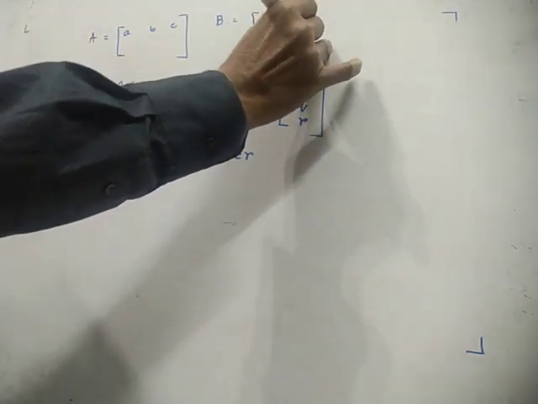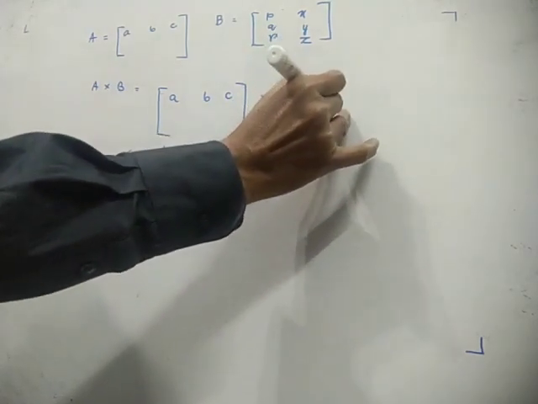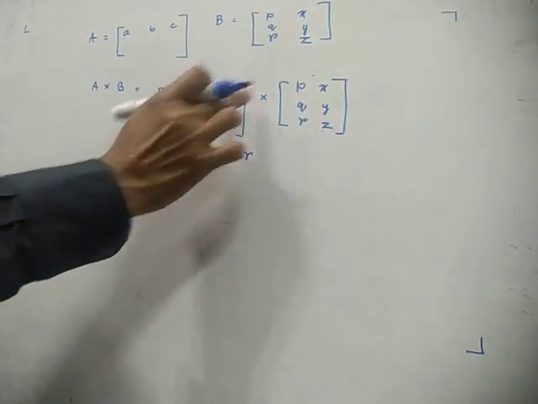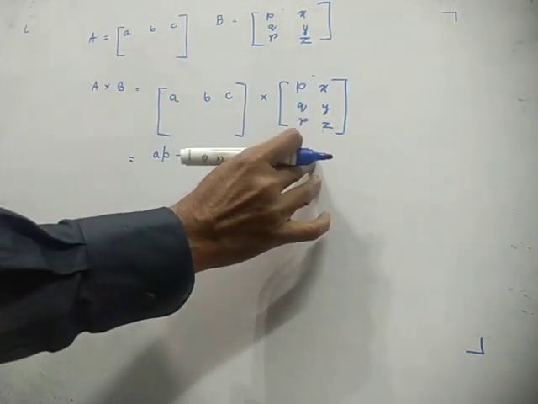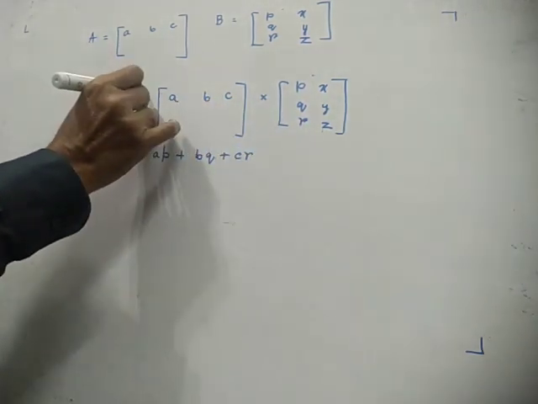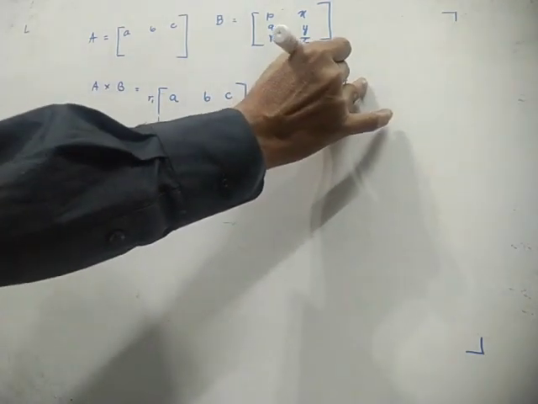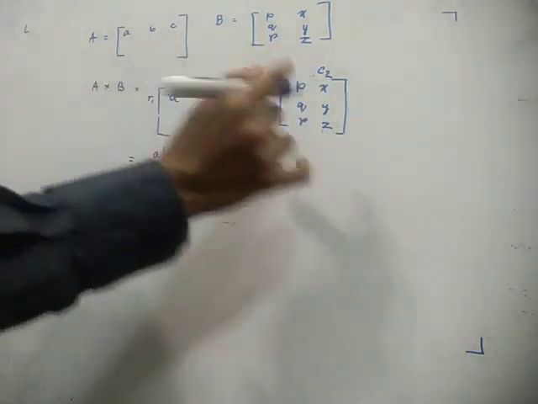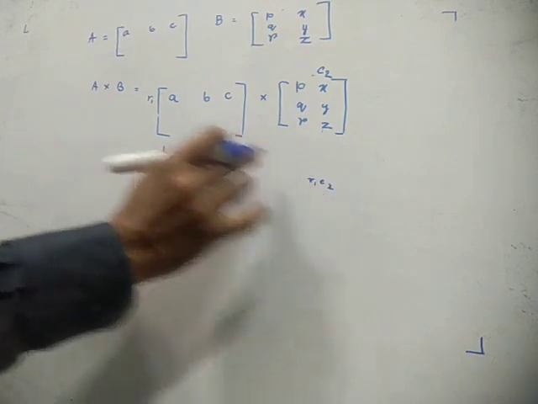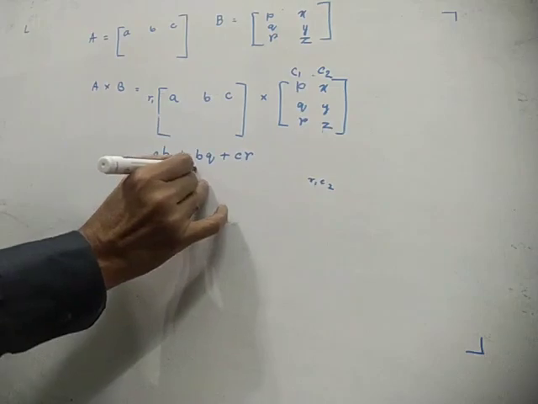If matrix B has another column X, Y, Z, then what would be the result? Then with the A matrix elements we have to multiply the second column of the B matrix, that is, row 1 of matrix A and column 2 of matrix B will form R1 C2, that means row 1 column 2 of the product matrix.